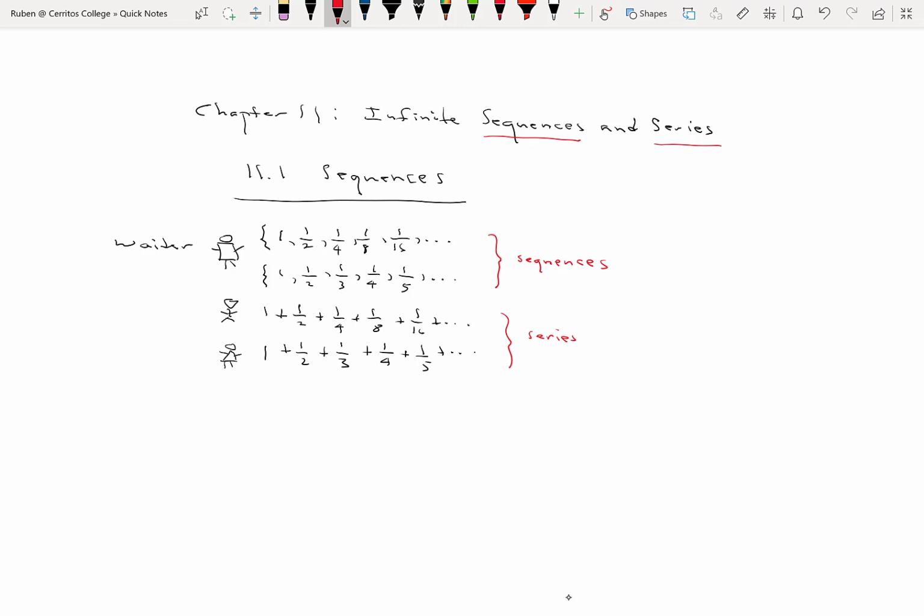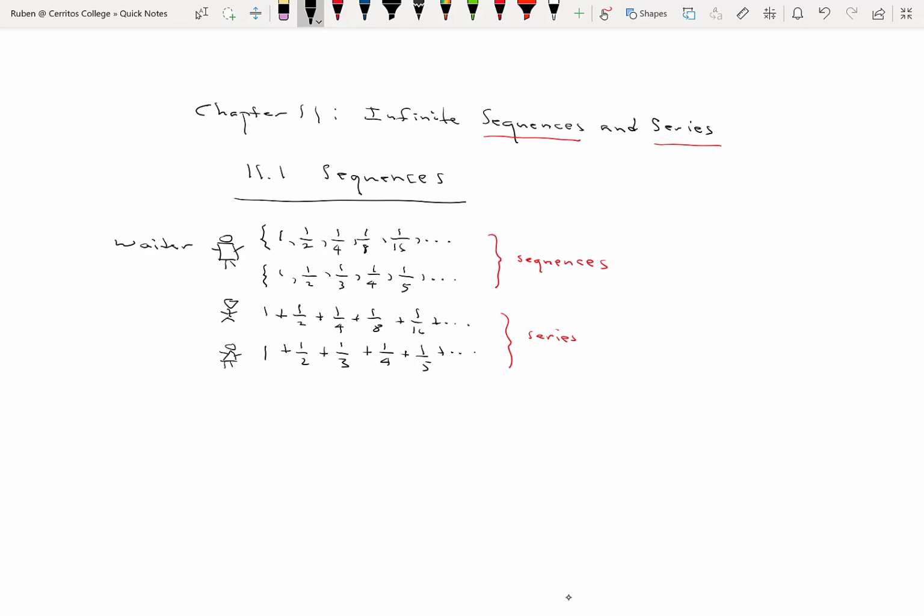Okay, central to the topic of sequences and series is the idea of convergence. Just like when we studied improper integrals, certain improper integrals converged. They equaled or approached a particular number, and certain improper integrals diverged. Well, we have the same type of thing going on with sequences and series, the ideas of convergence and divergence.